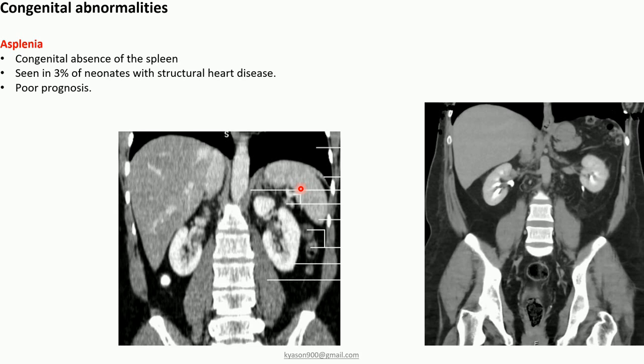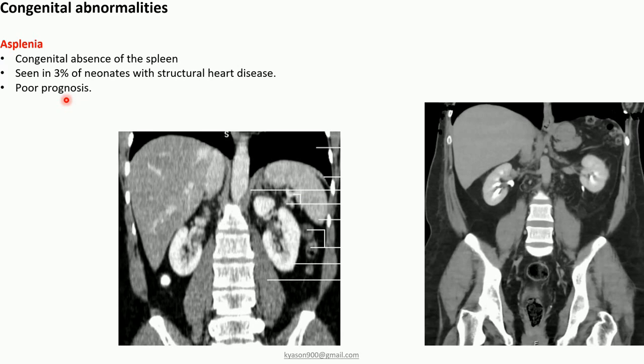Absence of the spleen increases the chances of many kinds of infections, pneumococcal infections and many others. All that increases the chances of mortality in neonates that present with asplenia. There will be a poor prognosis. The chances of these kids thriving are less because they don't have a spleen that has an immune function in the body.